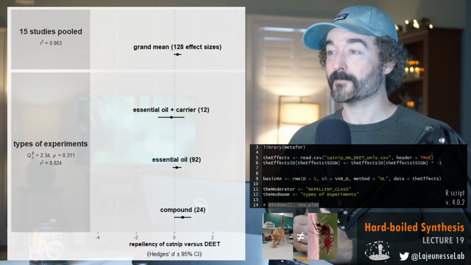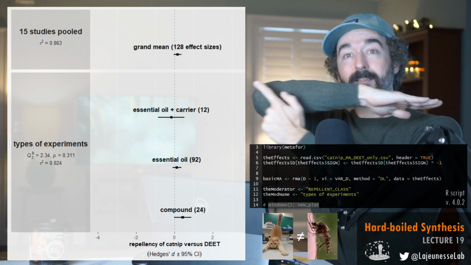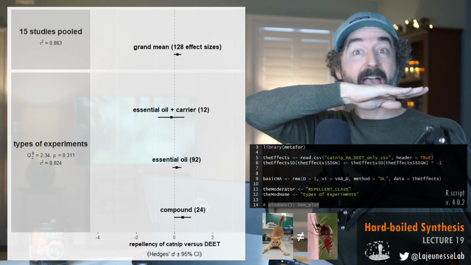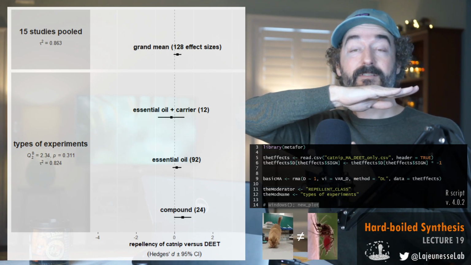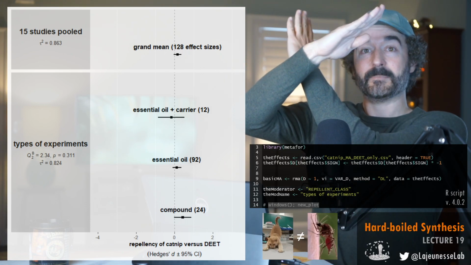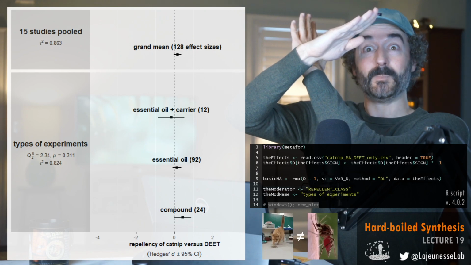And so, for example, we're comparing catnip versus DEET, and now we're adding additional groupings to that.